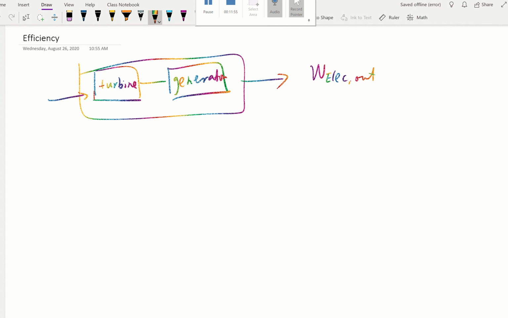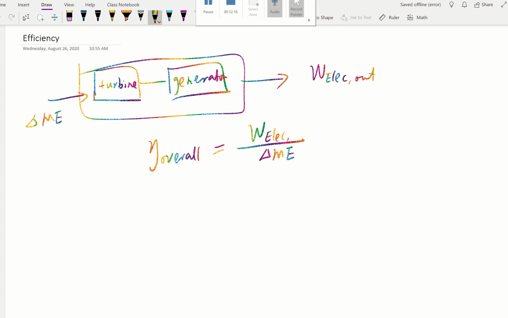And your ultimate required input is going to be the decrease of the mechanical energy of the fluid. So that's going to be our overall. For the turbine generator, it's going to be electric output over decrease of mechanical energy of the fluid.